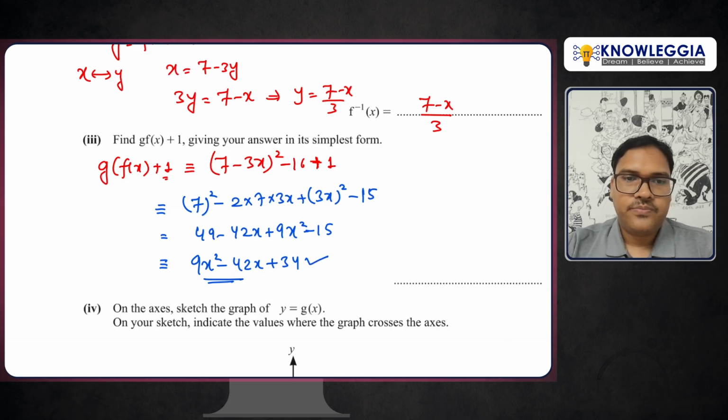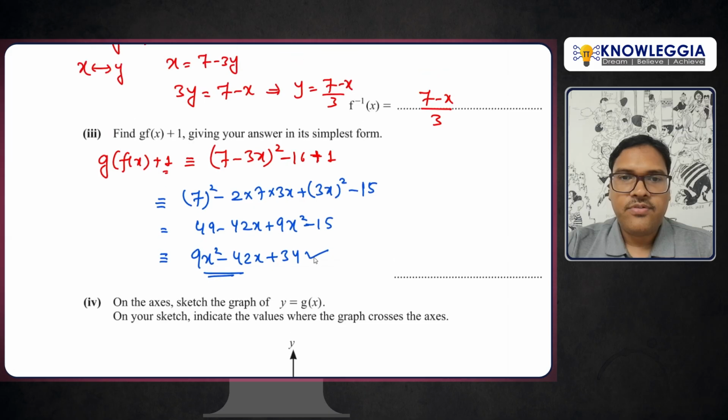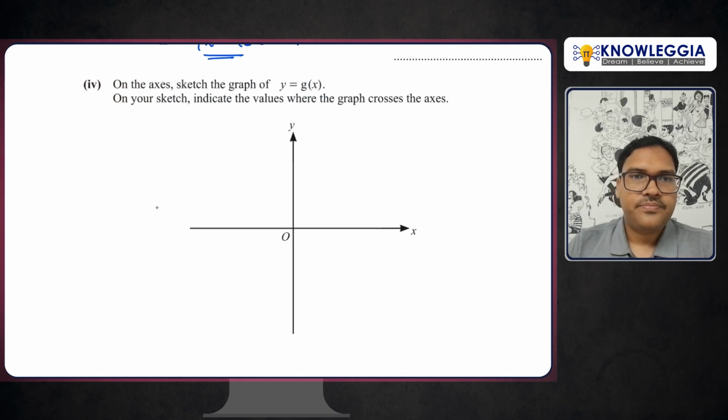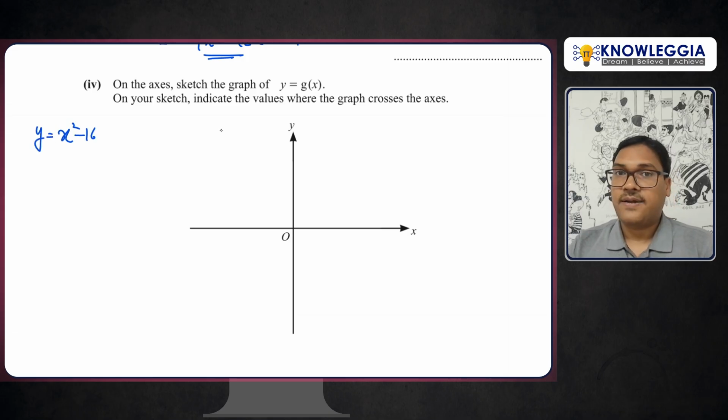Okay. Now, the question is, sketch the graph of y equal to g(x). So y equal to g(x) is x squared minus 16. You have to draw this graph.